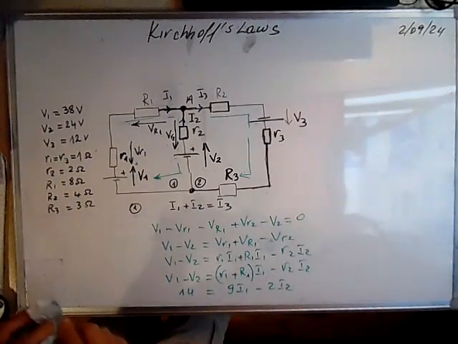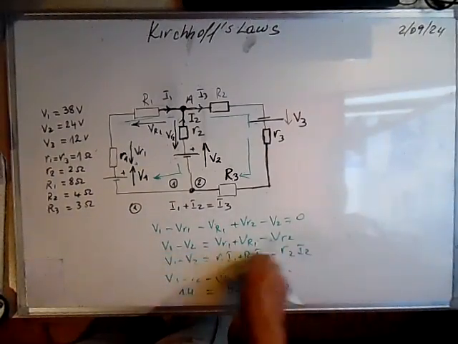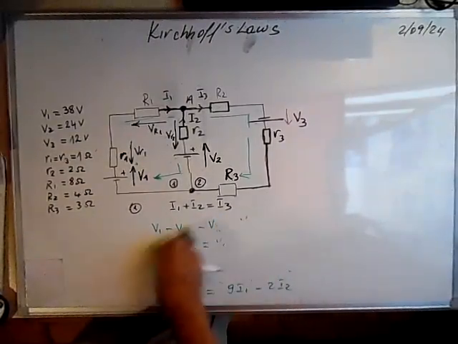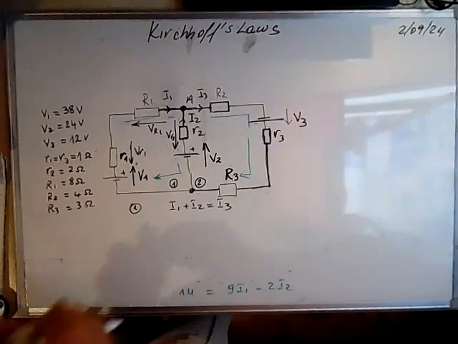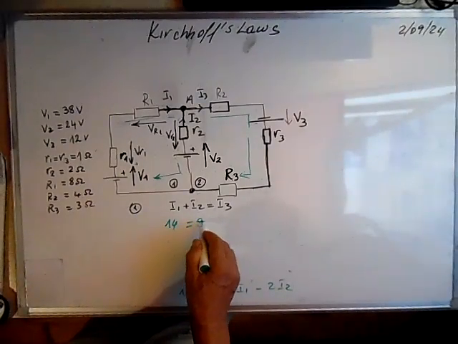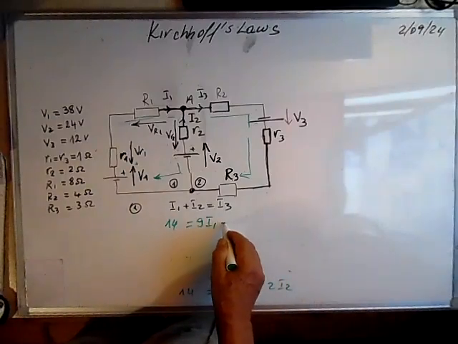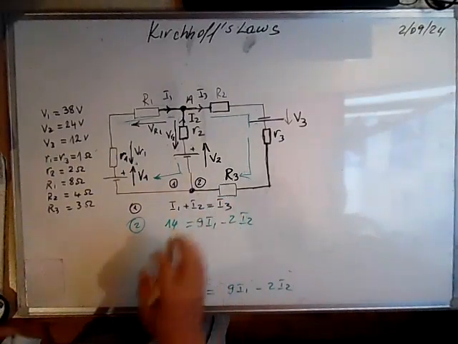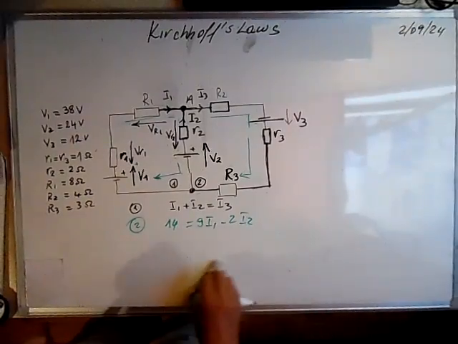So this equation, we'll write it here. First mesh equation: 14 is equal to 9 I1 minus 2 I2. This is the second equation.